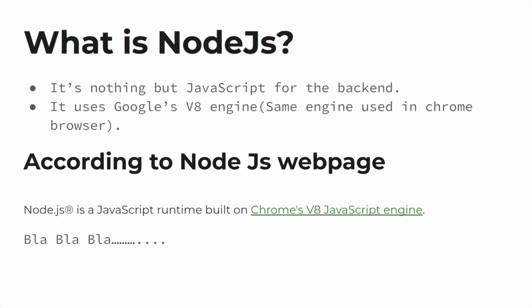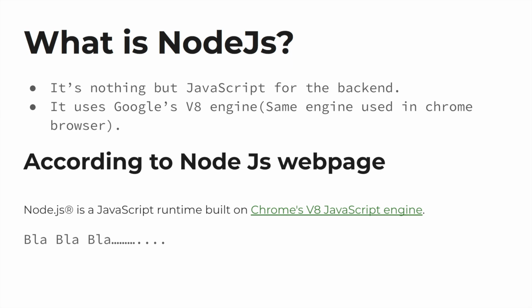But after the introduction of Node.js, you can use it to send requests, accept requests, do user authentication, send images, play music, do file input output and whatnot. It uses Google's V8 engine. So it's the same engine that is used in the Google Chrome browser. So it's a really great engine.